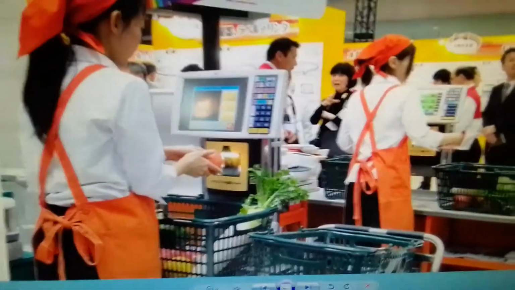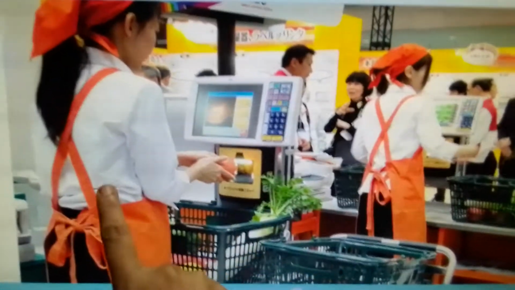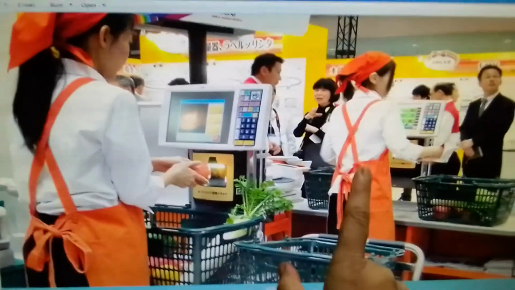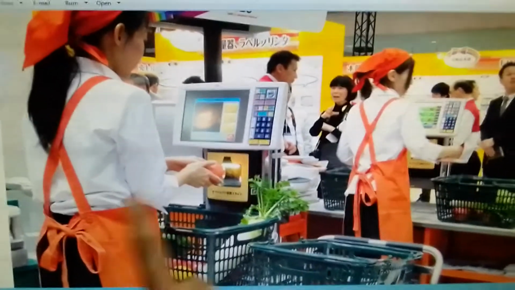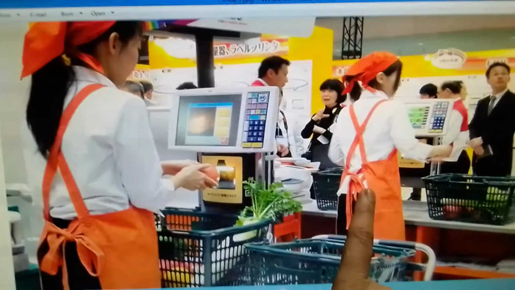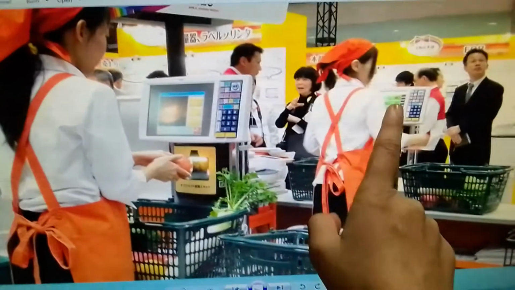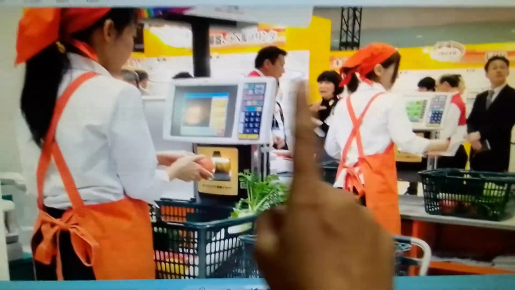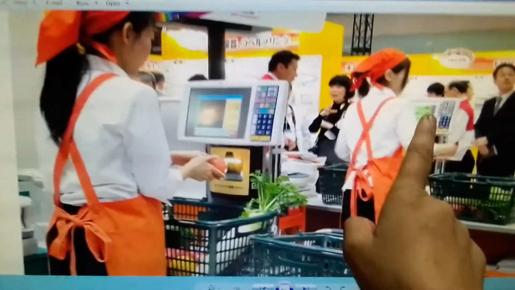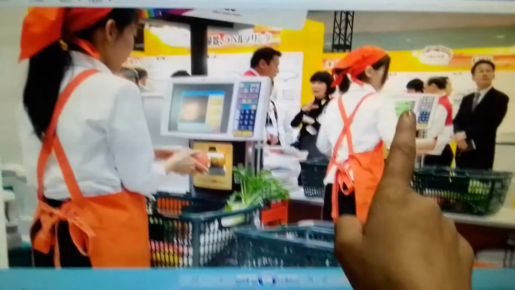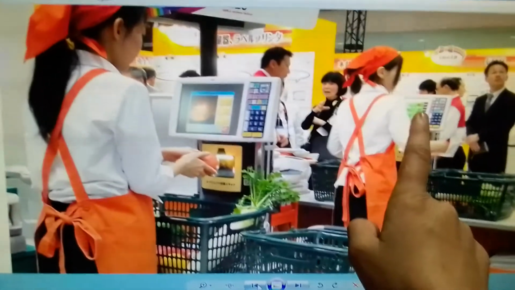Now what is in this picture? These two ladies are cashiers. Okay? These are their computers. Now what are they doing in this picture? How are they using the computers?